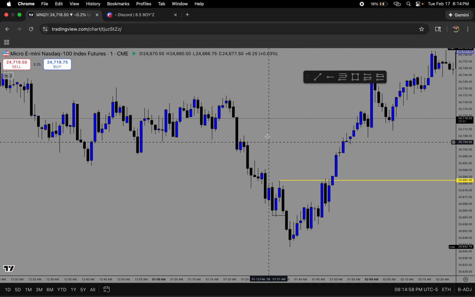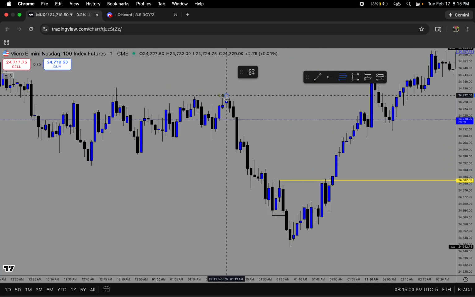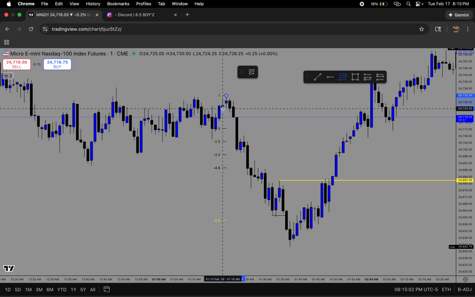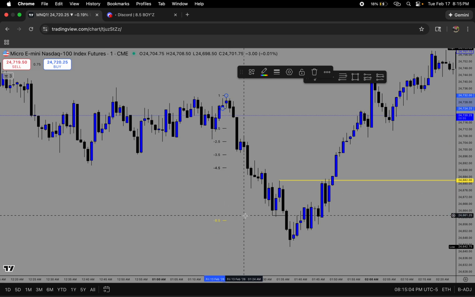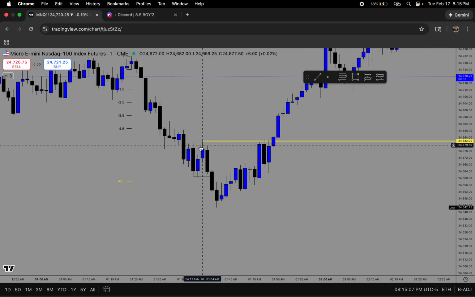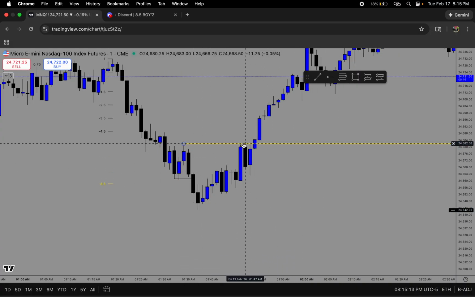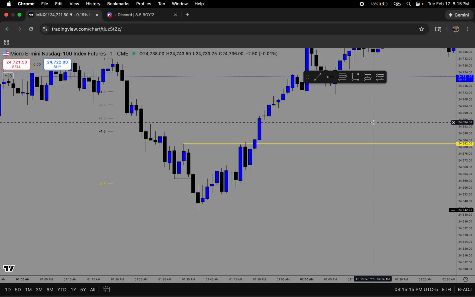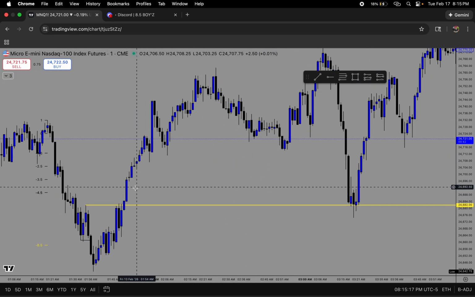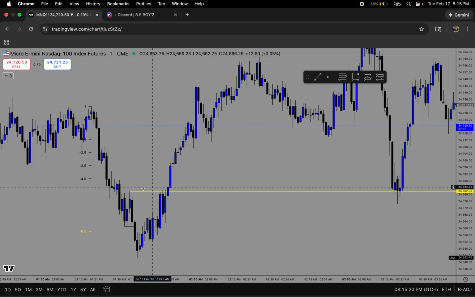Price goes back up. Let's just see something. Yeah, it's about right. Price pushes back up. This is the last highest point on this move down. Price fails, fails, fails. Finally closes above. And you could also take the trade.